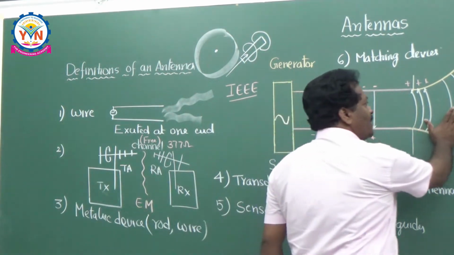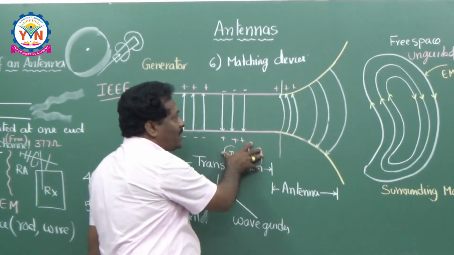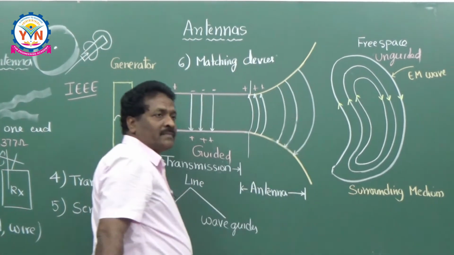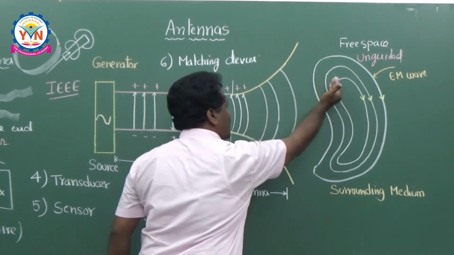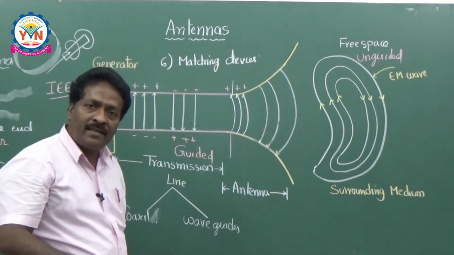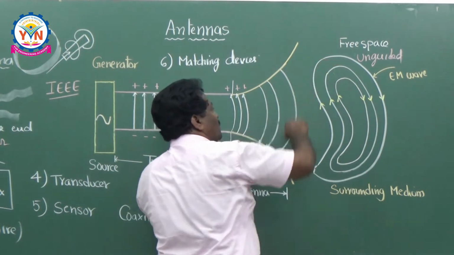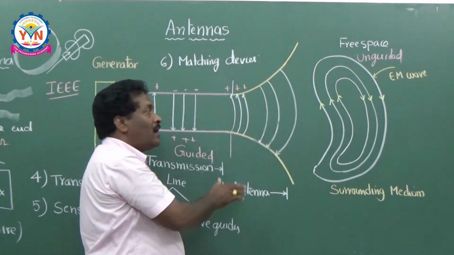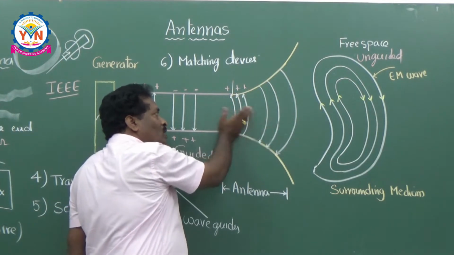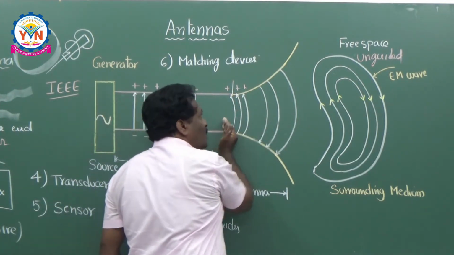What is an antenna? The antenna is actually matching the impedance levels of your guided structure and unguided structure. Then only the maximum communication is taking place, maximum radiation is taking place. So, friends, in order to transmit maximum information, some metallic structures or some other structures are required to transmit the maximum information from this guided medium to unguided medium.